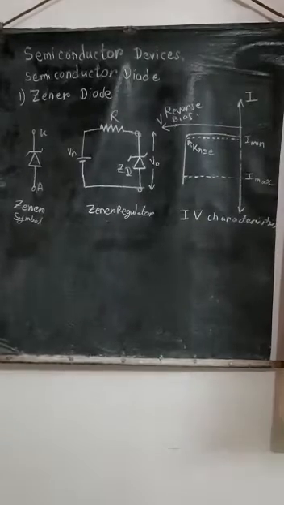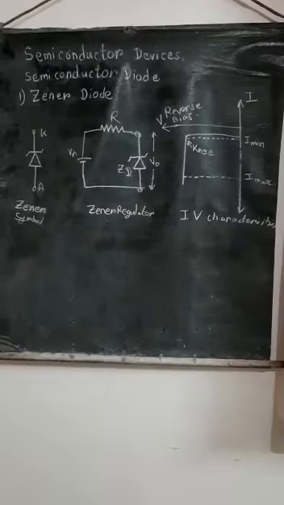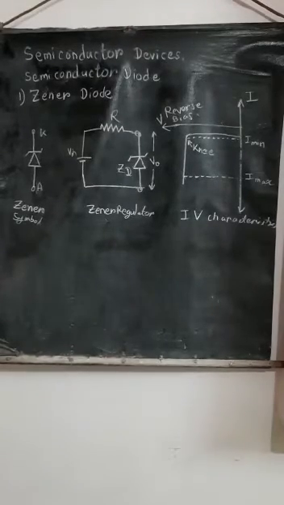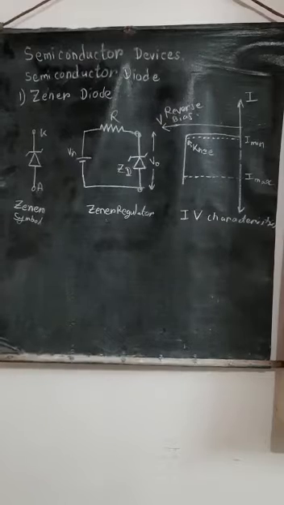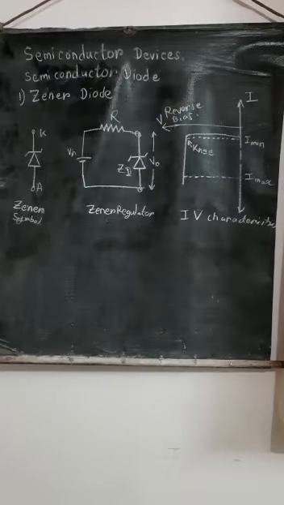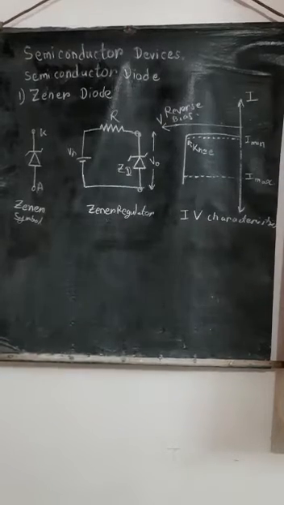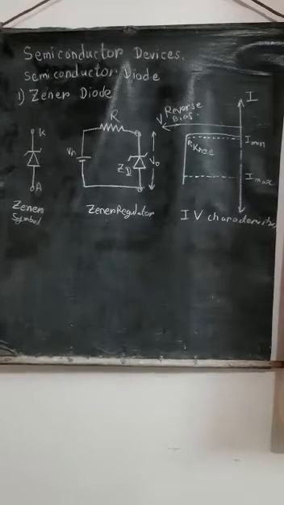By adjusting the doping level, Zener diodes of different voltages from 2 volts to 200 volts, and with different wattages, means different powers, are manufactured. Okay.